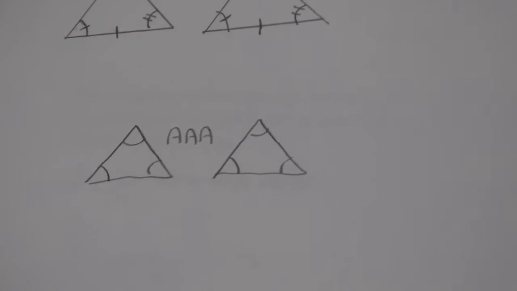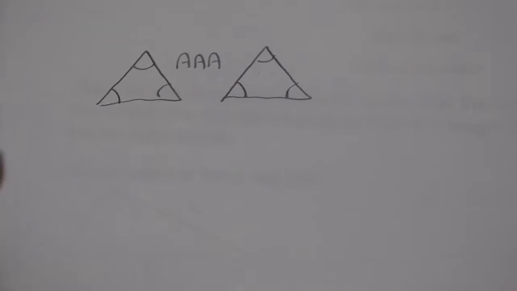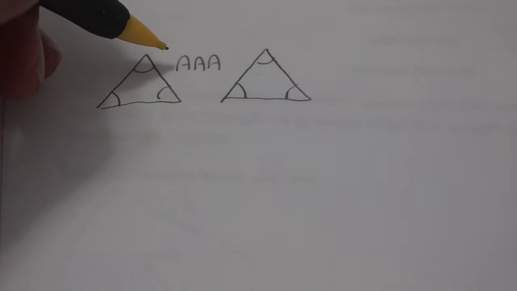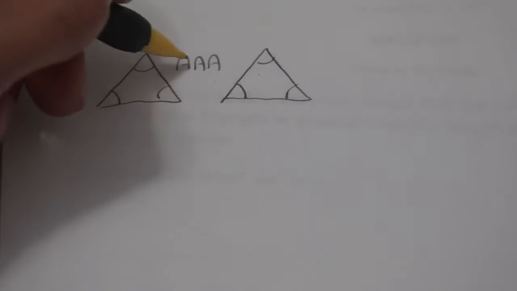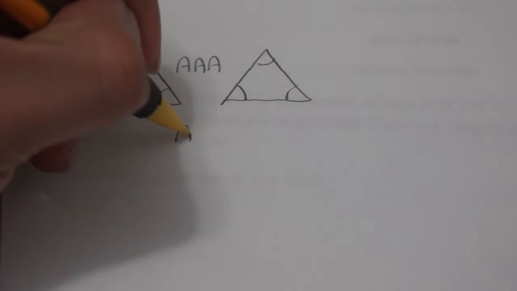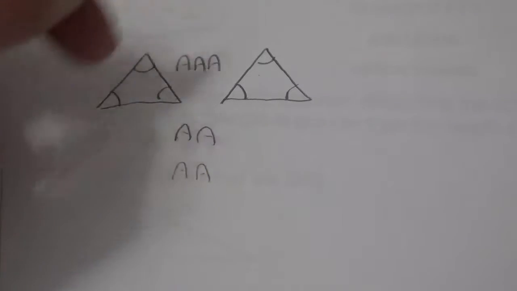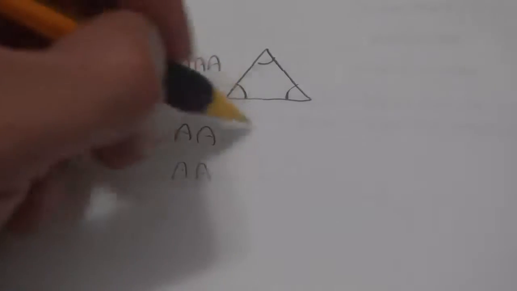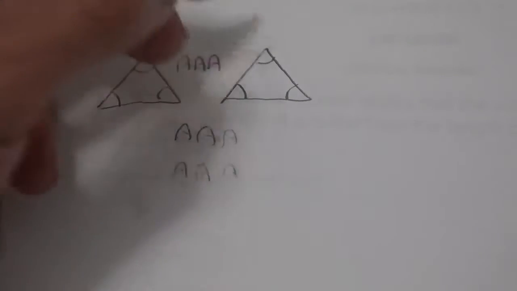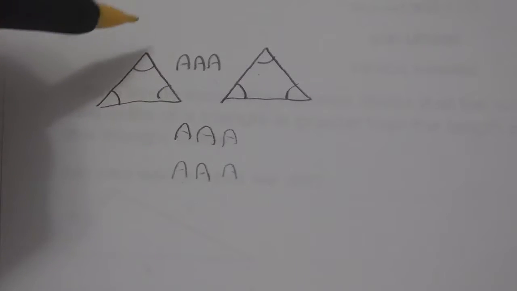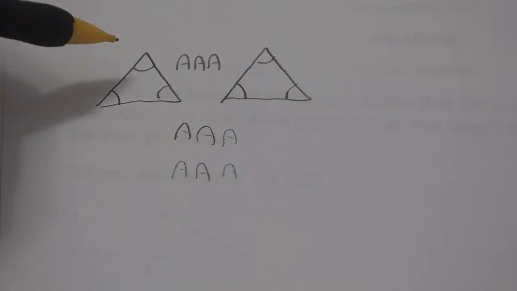What you can prove is that they are similar. Or instead of angle, angle, angle, you could say angle, angle. If you have two angles of one triangle congruent to two angles of the other triangle, the third angle will have to be the same because the sum of the angles in a triangle is 180.